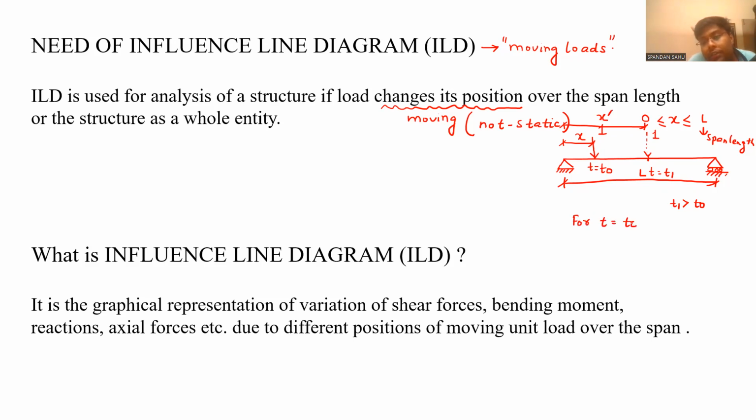So for t equal to T naught, there will be some reactions here. Let this point be A, this point be B. The reactions will be RA and RB. Now, at some time t equal to T1, the reactions, let us say RA prime, RB prime.